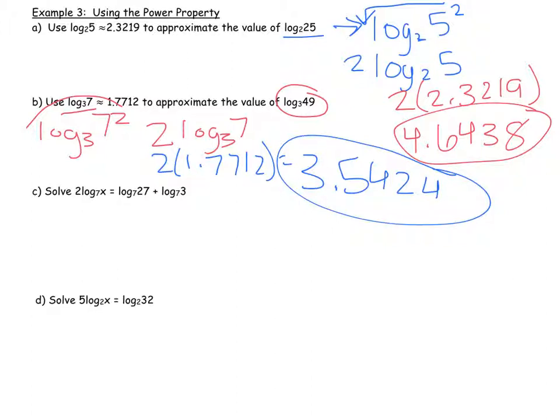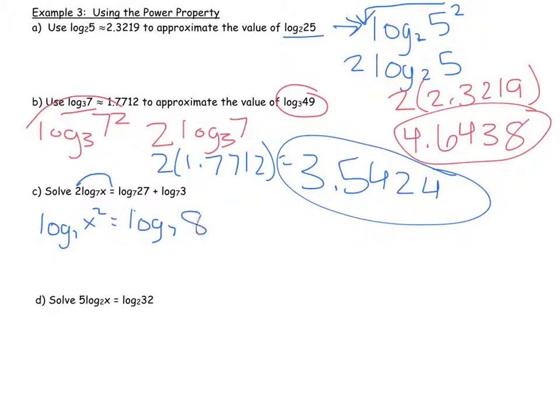In example C, we are looking at a couple of different properties we're going to be using actually. So first, I'm going to go ahead and use the power property to move my 2 so that I have log 7 of x squared. And then on the right-hand side, I'm going to go ahead and change it to log 7 of 27 times 3 because we know that addition can go to multiplication.